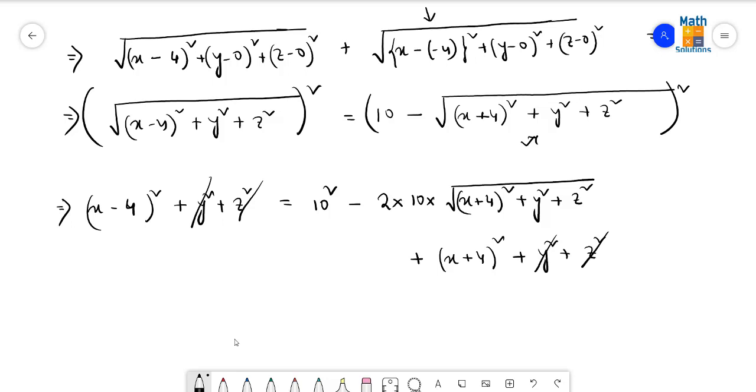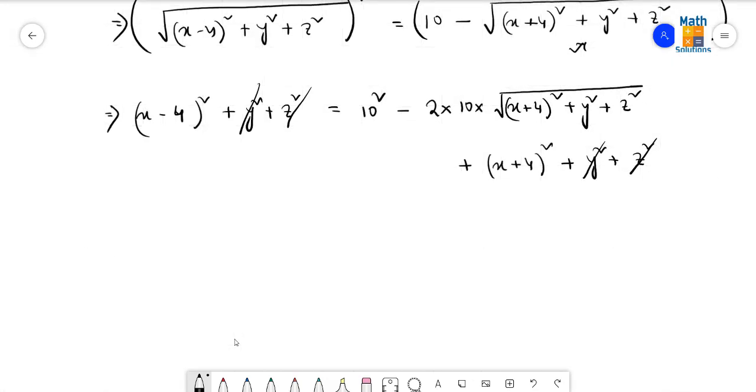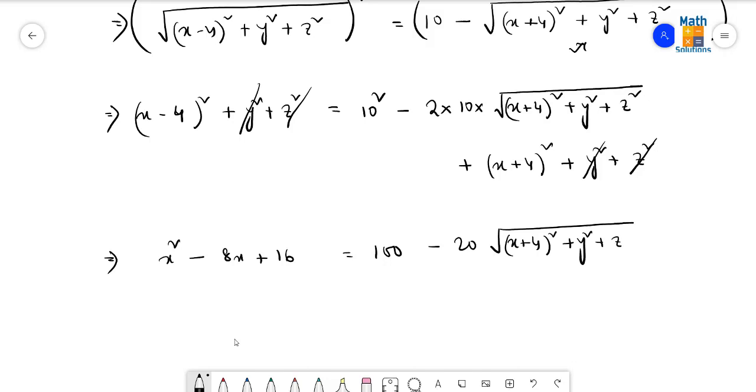After that what will happen? Let us see. Let us split it up. X square minus 8x plus 16 is equal to 100 minus 20 root x plus 4 whole square plus y square plus z square. After that again x square plus 8x plus 16. So these two terms got cancelled, these two again got cancelled.